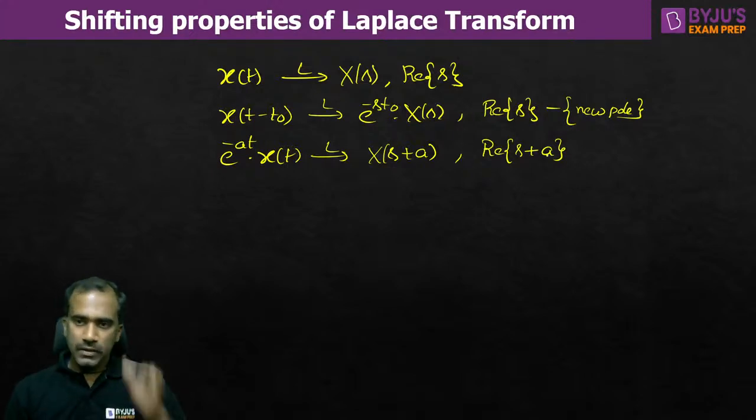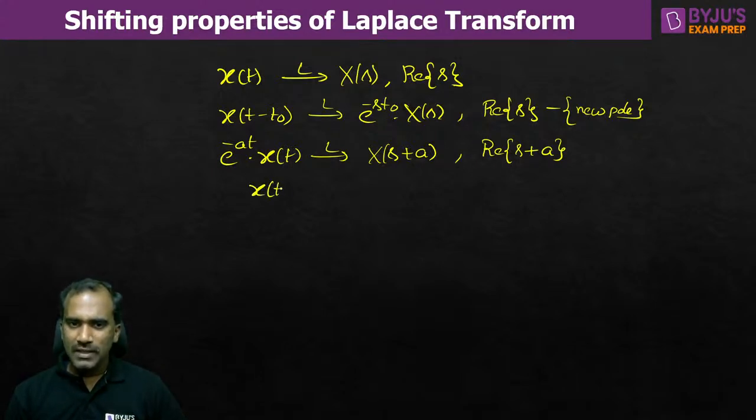Okay, right. If you want, I'll just write the Fourier transform properties as well, so that they are also similar. If there is any confusion, if you remember Fourier transform property, you can apply that to Laplace transform also, because they are almost the same things. x of t minus t naught, the Fourier transform property is e power minus j omega t naught into x of omega.